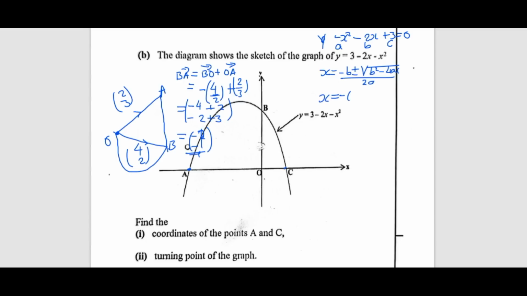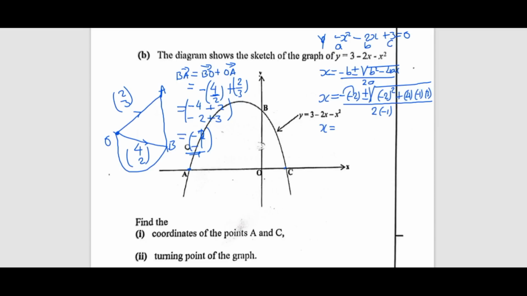So say minus negative 2 plus or minus the square root of negative 2 squared plus... we have 4. Then what's our A? Negative 1. What's our C? 3. Then divided by 2 times negative 1.